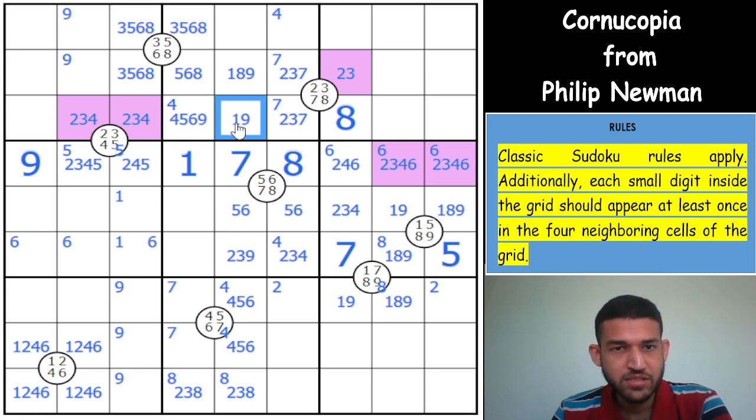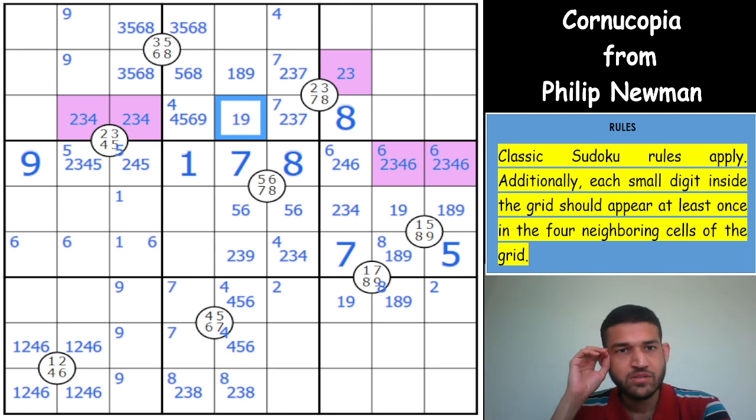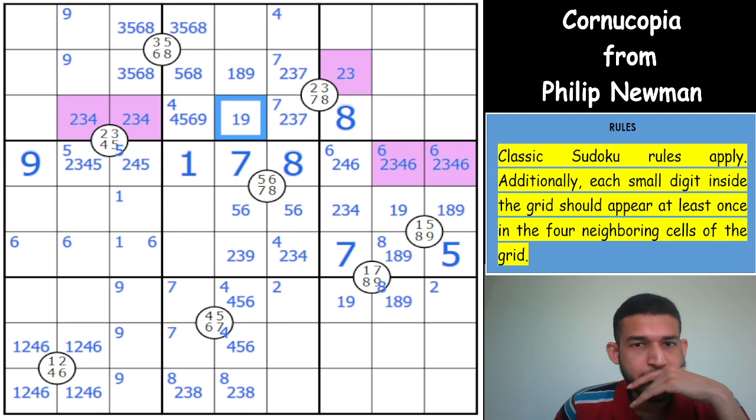So does this 1 and 9 give me something here? Actually nothing. I was hoping for more.